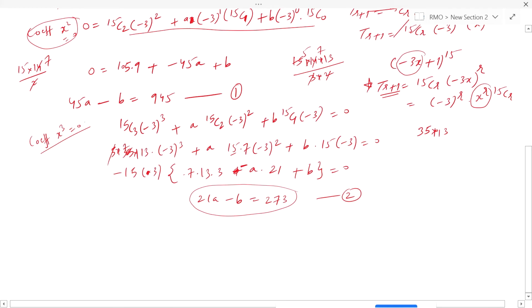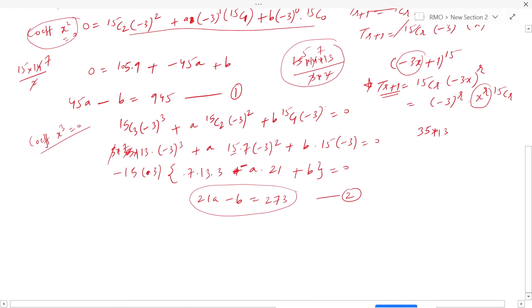Where did you make the first equation? I think in the 15c3 finding, so you did it this way. No, here 15c3, this method was the same.